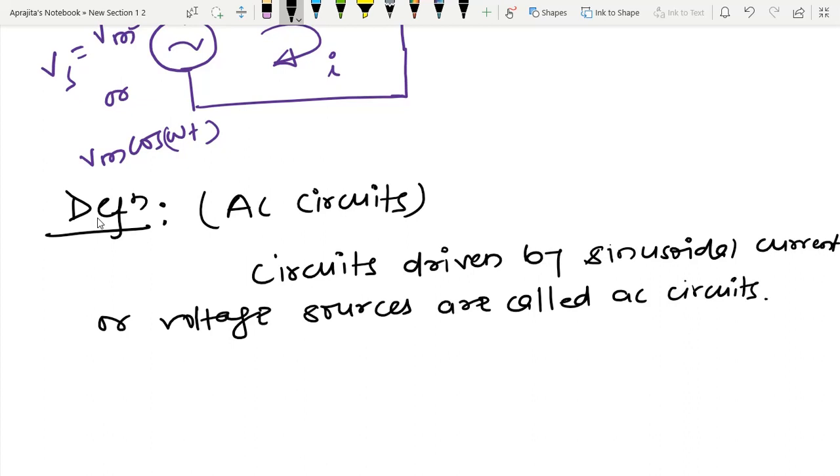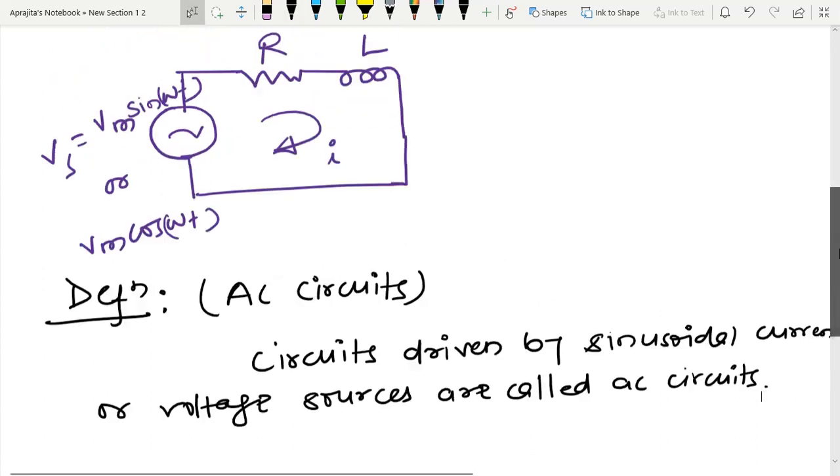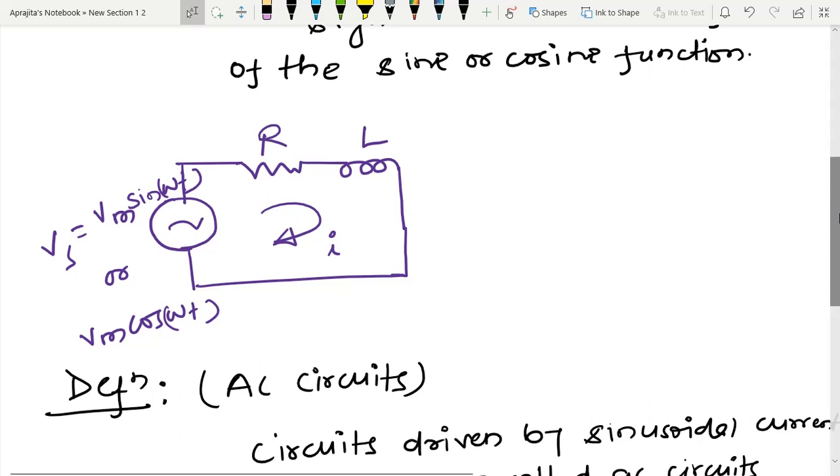So this is the definition, and from this definition you are able to understand that whatever circuit I have drawn here is one of the AC circuits, because here I have taken the excitation source as a sinusoidal source, that is time varying.